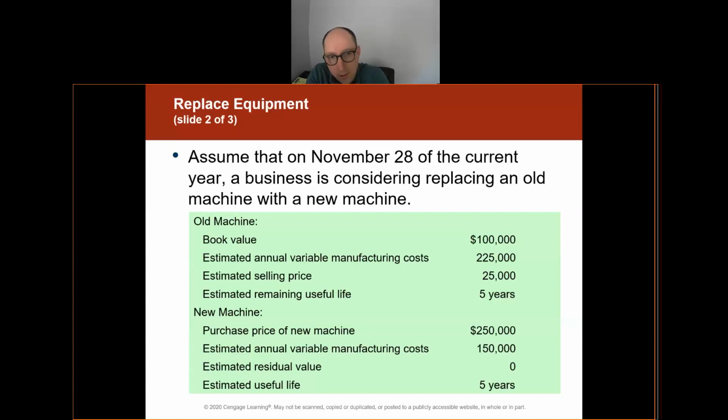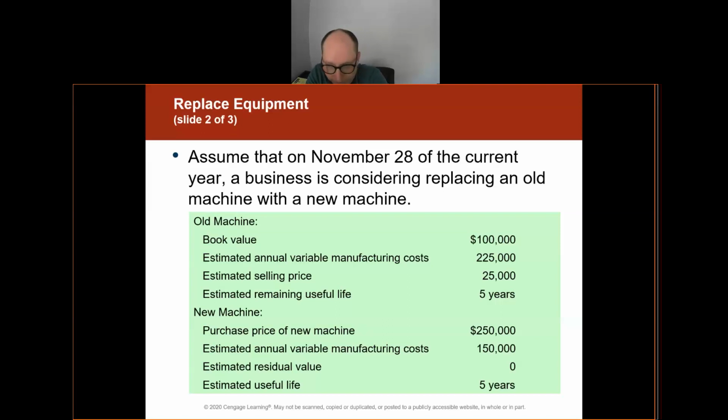Okay. So what this tells me is it's currently worth 100,000. Variable manufacturing cost 225,000. Estimated selling price 25,000. So if I sell it, I can get 25% of its book value. Okay, so now let's look at the price of a new machine. New machine price 250,000.